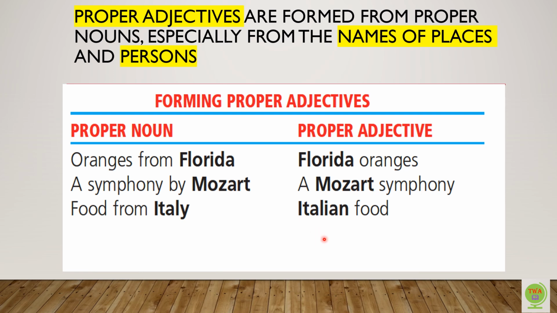As I was saying a while ago, the food was being described as Italian food. So Italian is not a proper noun anymore. This is a proper adjective. The word is being used as a proper adjective that describes what kind of food you are eating. Italian food. All right, so let's move to the next slide.